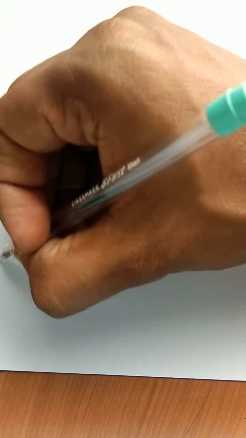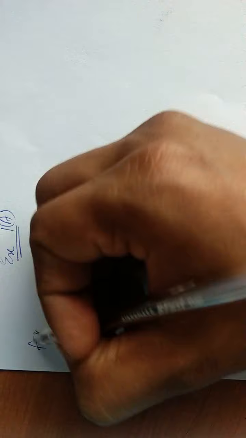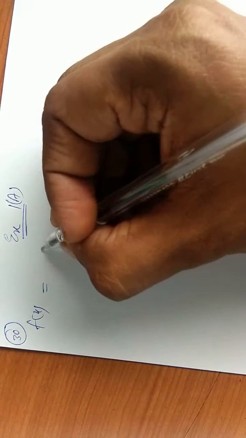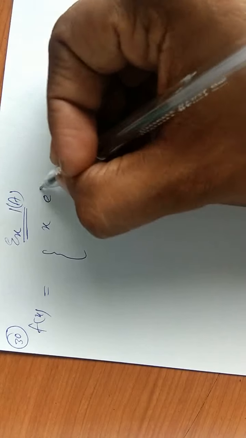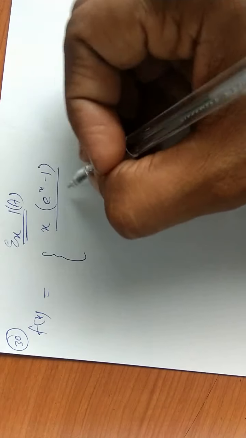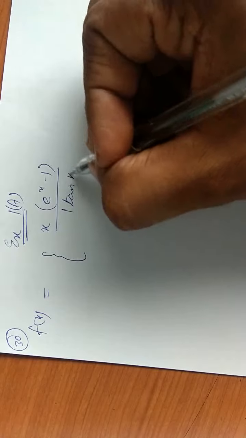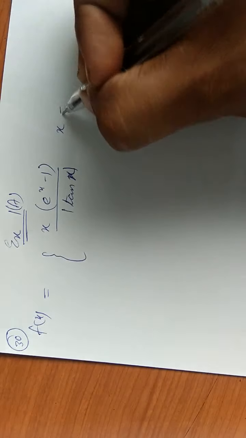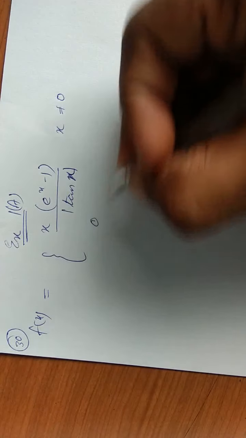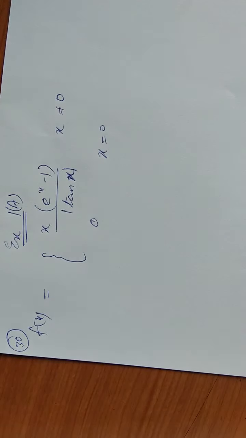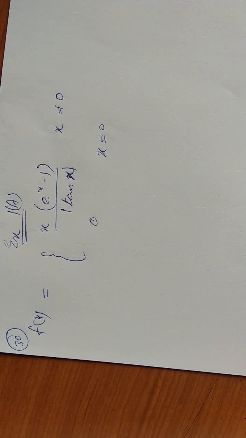It says f(x) is equal to x e^x minus 1 upon |tan x| when x is non-zero, and 0 when x is equal to 0. So we need to check whether the function is continuous and differentiable within the given range.